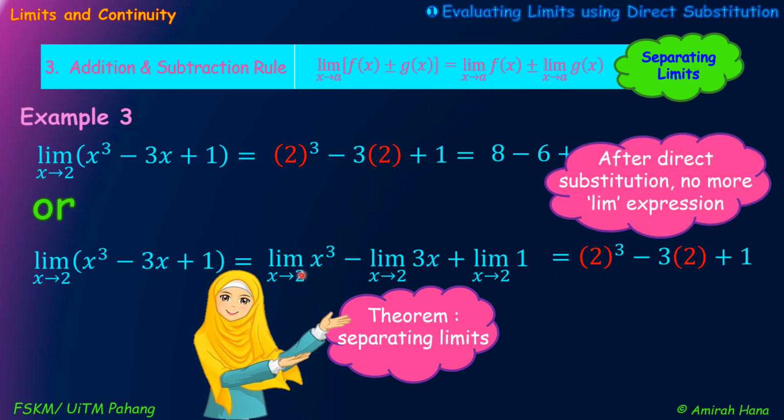Remember, after we use direct substitution, there is no more limit expression. When we solve the limit of 1, this is actually under theorem number 1, where the limit of a constant equals the constant. For the limit of 3x here, it is actually under the constant multiple rule.